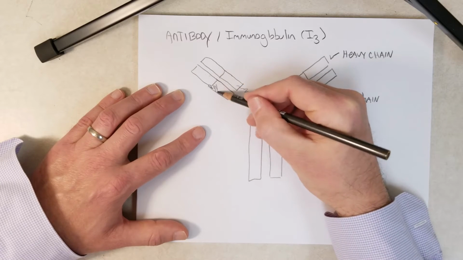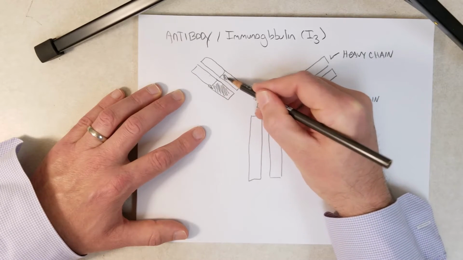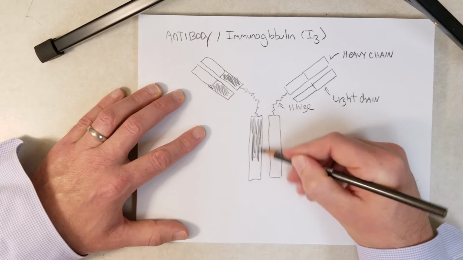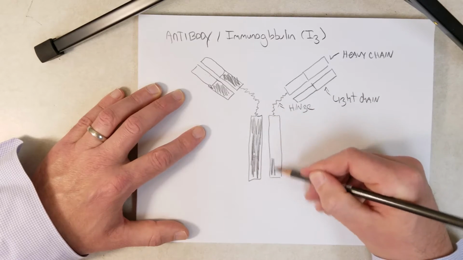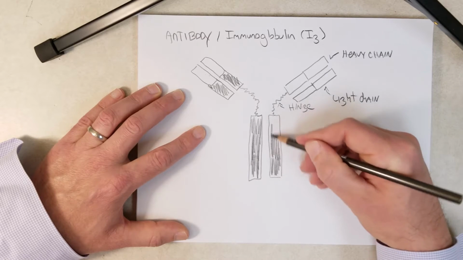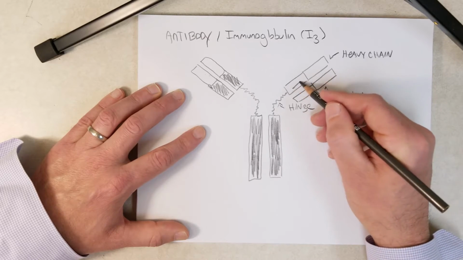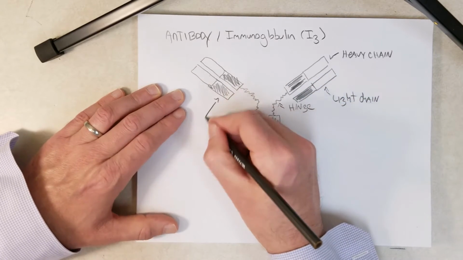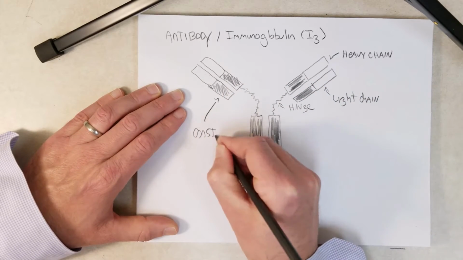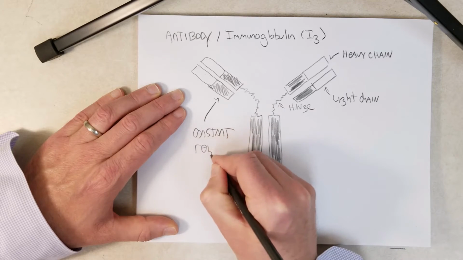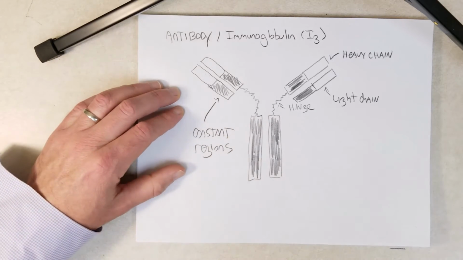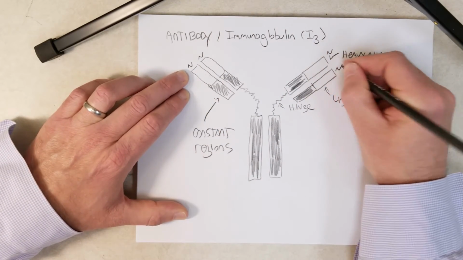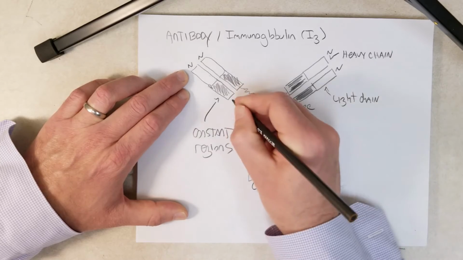Now I'm going to shade in segments of the heavy chain and light chain. So the shaded sections are going to be the constant regions of the heavy chains and light chains. So constant regions. The N-terminal ends of the proteins are up here, the C-terminals are down here.